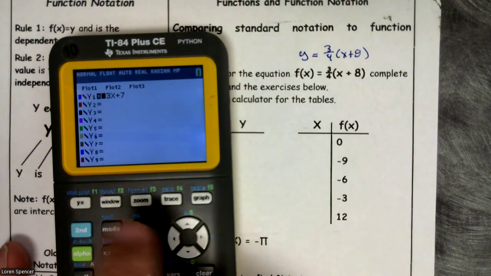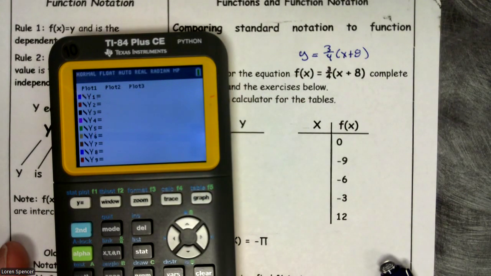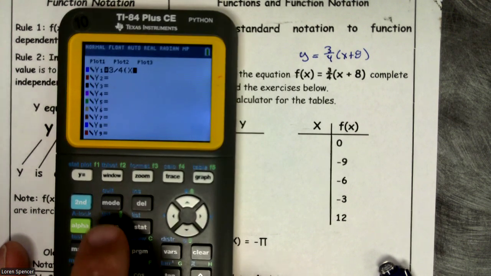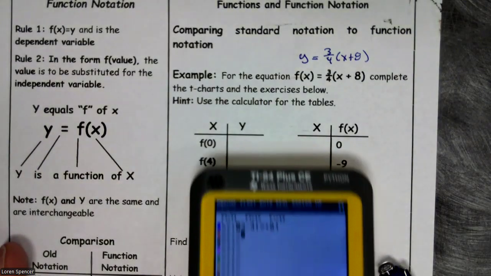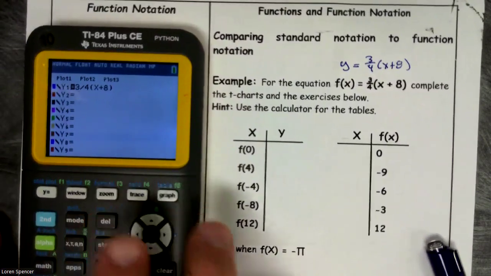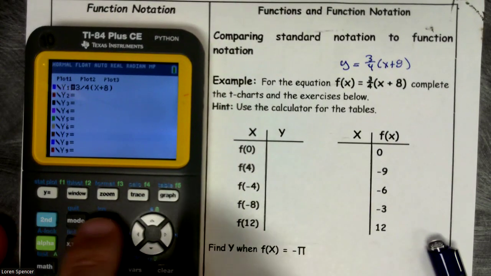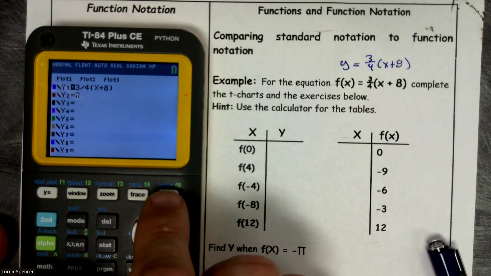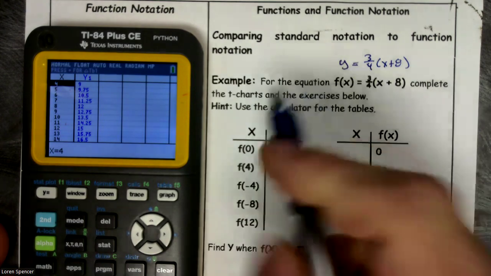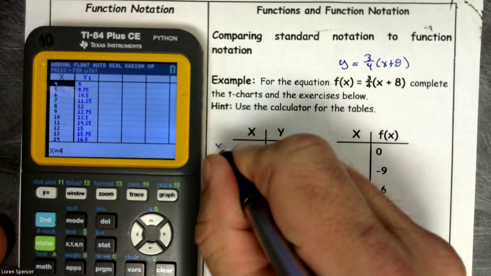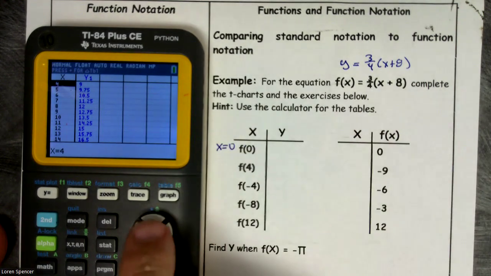You're going to go to y equals 3 divided by 4, parentheses, use the XTON button, x plus 8, close those parentheses, and we're going to go to blue button, followed by the graph or table button. And the very first thing it says is f of 0, so that means the function performed on 0. That tells us we're looking for x equal to 0.